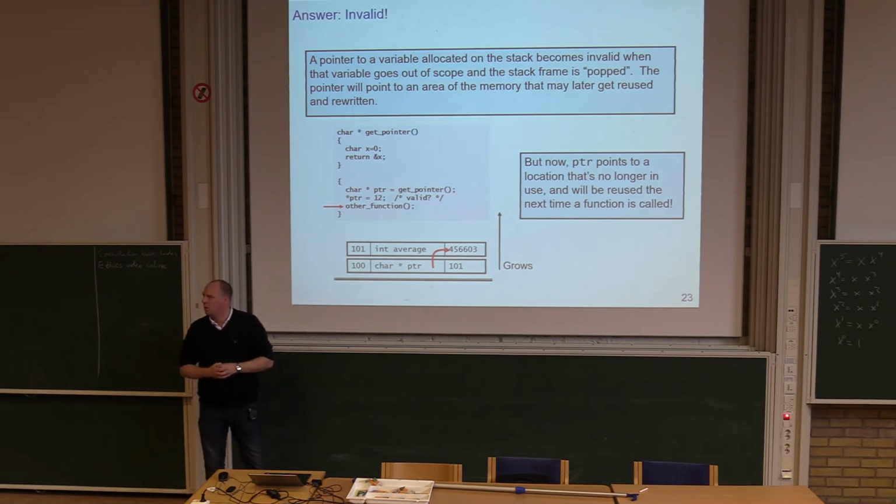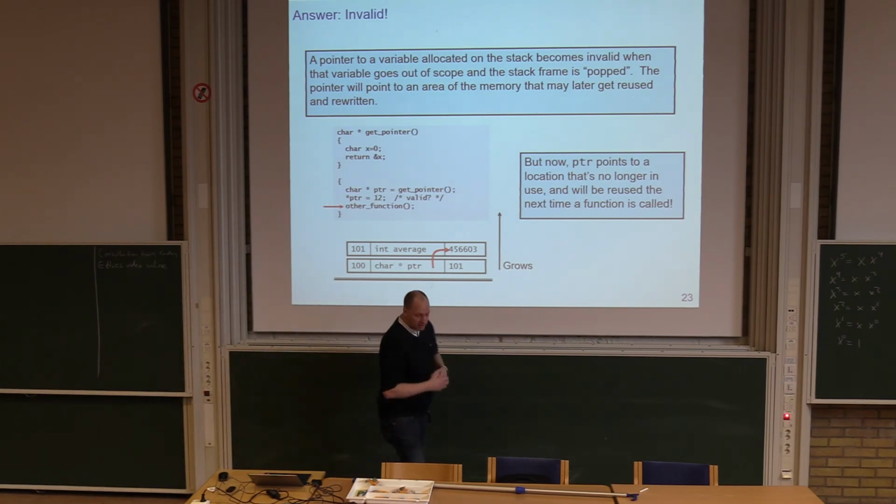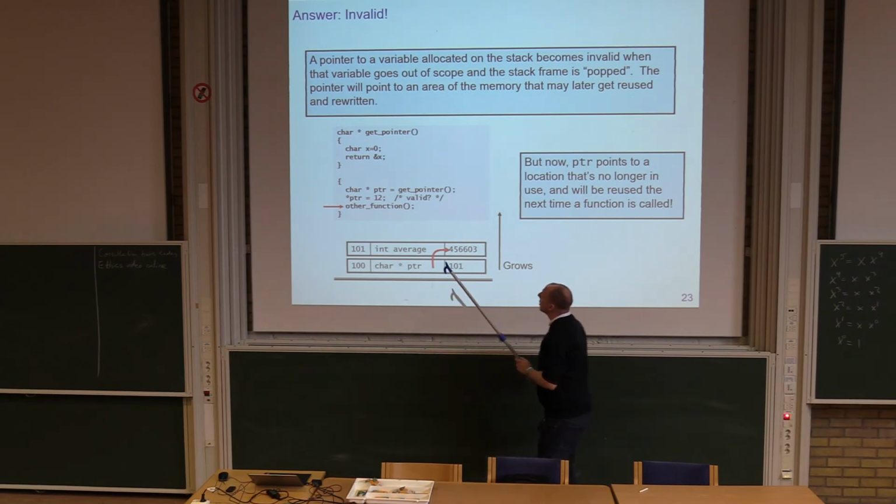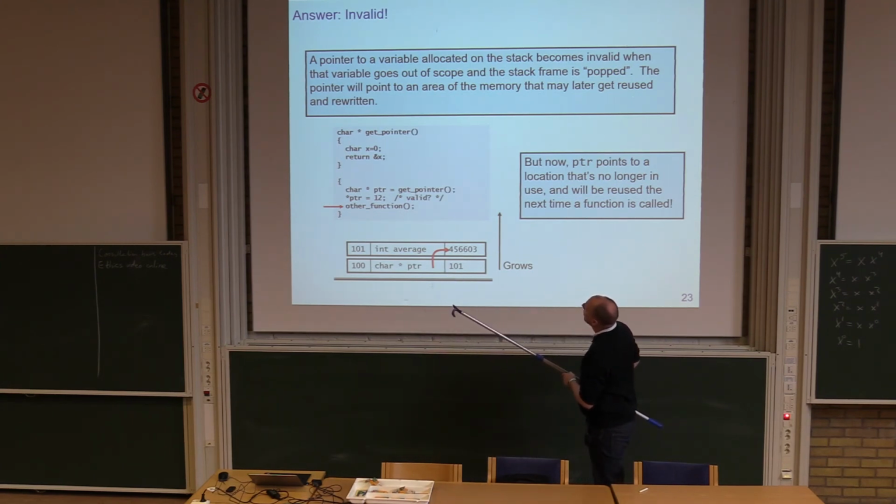Yes? Is this an invalid declaration or a logic error? Because the pointer declaration is still fine, right? The pointer PTR. I think in this case, if you run this in the compiler, the compiler will not complain. It might or might not work, depending on what happens.